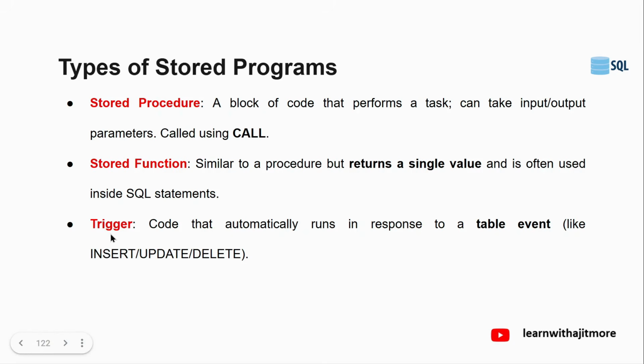Then we have the trigger. Triggers are also stored programs. Triggers are also code blocks. The only thing is, a trigger gets executed implicitly. You don't have to call it explicitly. It gets called whenever something happens on the table for which the trigger is written. Always remember, whenever you write a trigger, you have to tell which table the trigger is for.